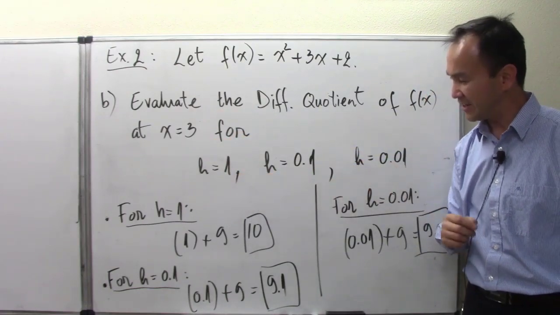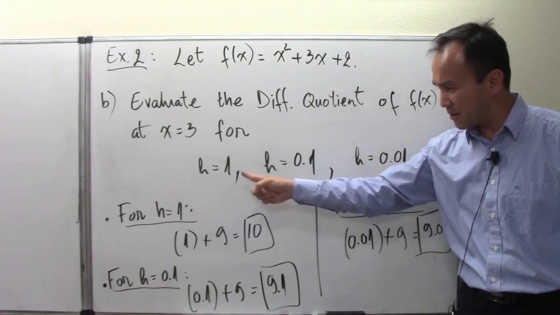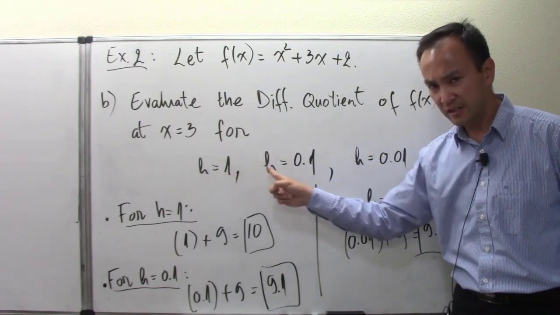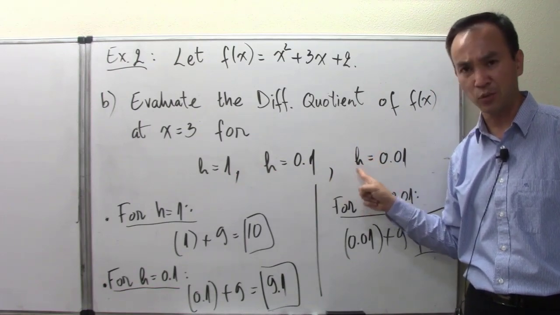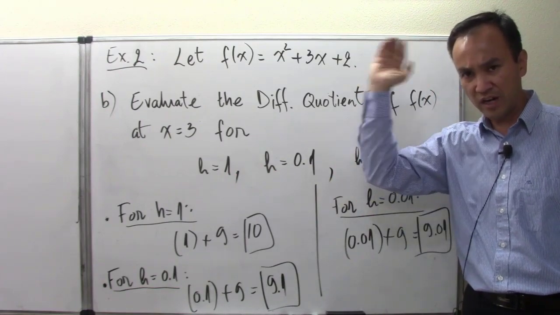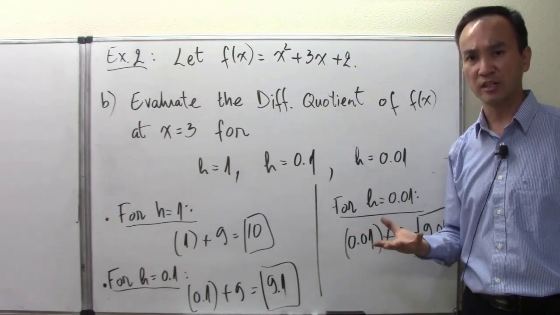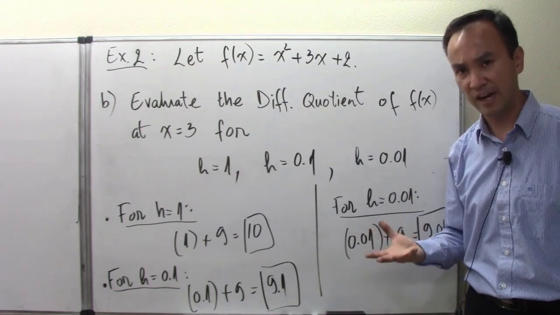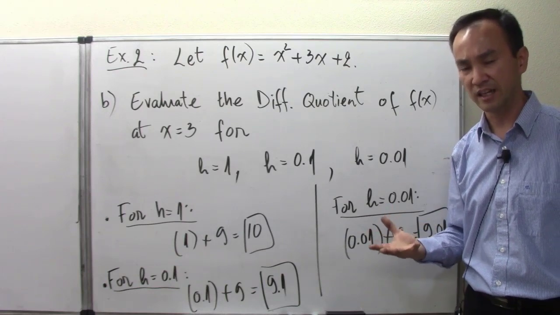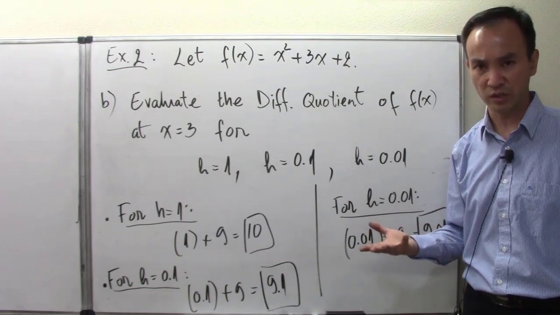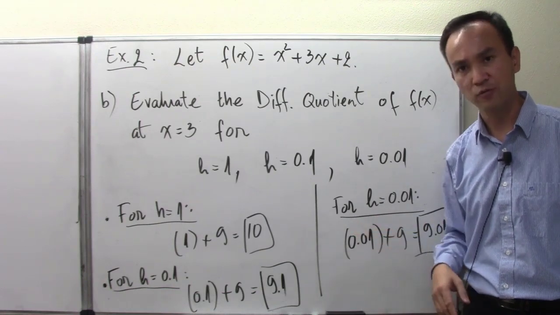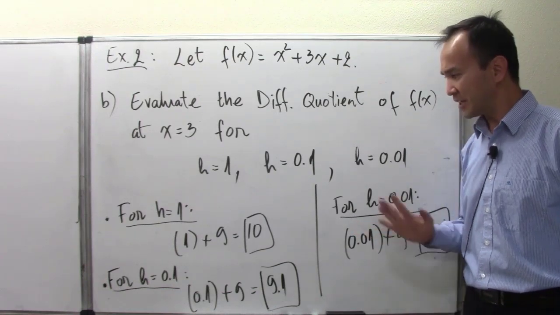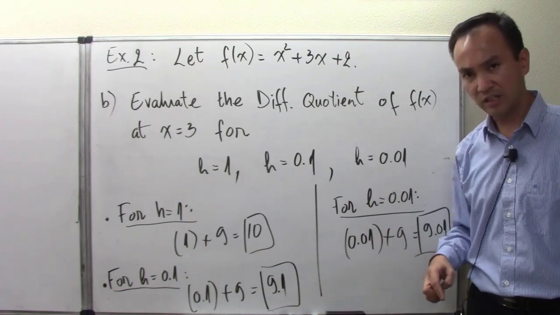You can see I had an intention that I purposely put these values for h being smaller and smaller, and this is the big idea that will come out when you arrive at your calculus course, and your professor there will explain what exactly this skill will bring for you. All right, so that is everything that we have about the difference quotient.